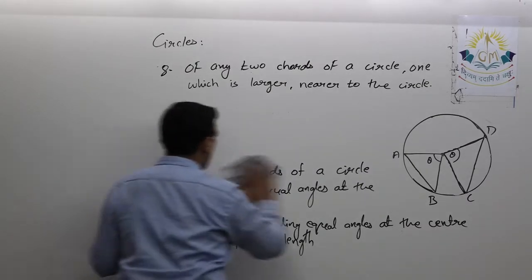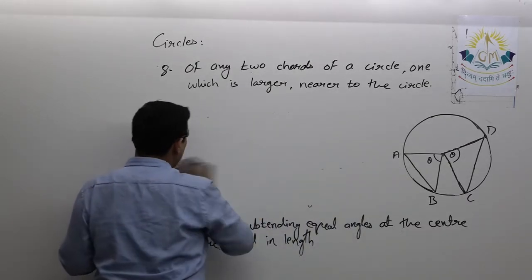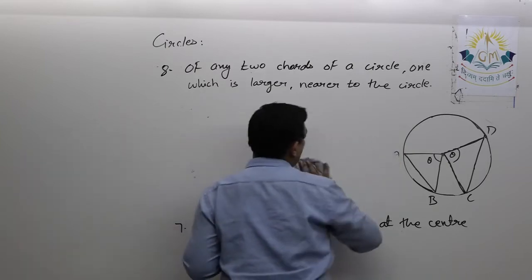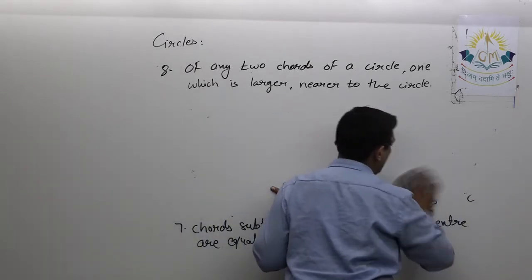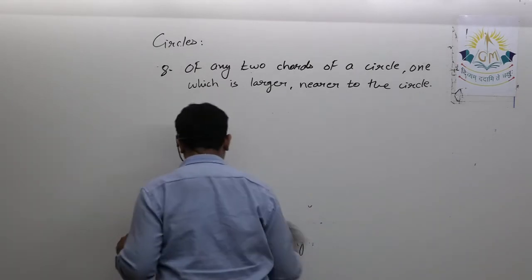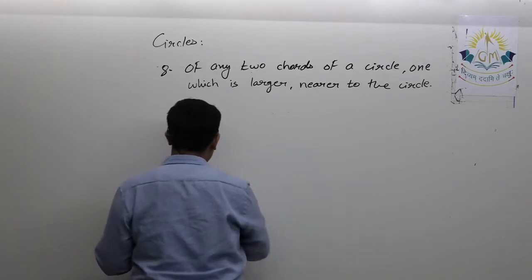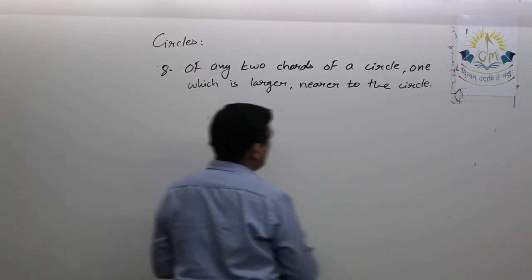Suppose there are two chords. If their distances from the center are different, that means one chord is near the center, and another chord is a little bit away from the center. So the one which is nearer to the center will be larger.